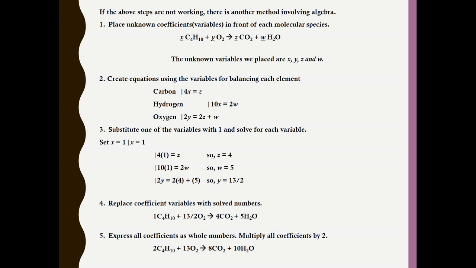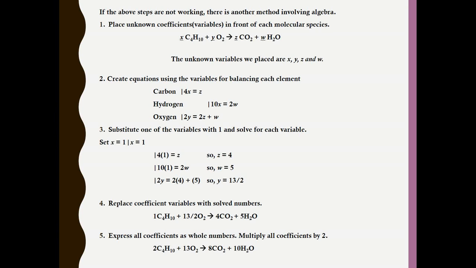Now you can see that I have 13 divided by 2 from the previous slides. If you go back to the previous slides, you can see the last step was to check your answers to see that the coefficients are in the least possible whole number ratios.